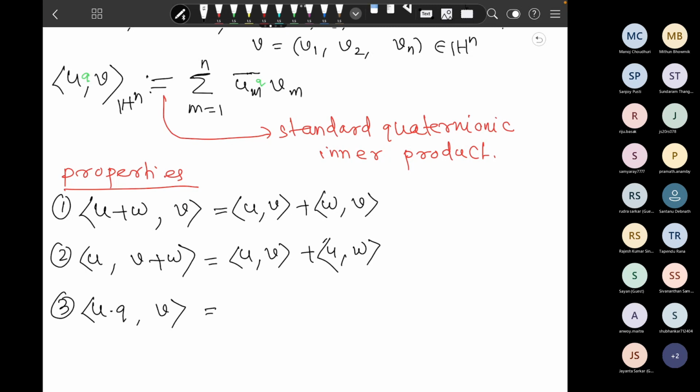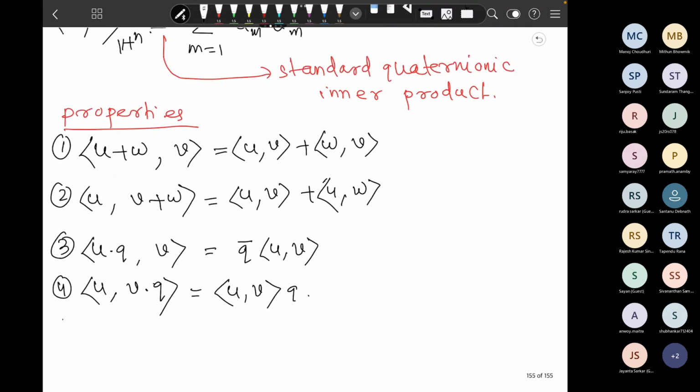What is q bar? q bar bar is q, so q bar will come to the front, and for that reason I will get q bar times the inner product of u and v. The fourth property is the inner product of u and vq. If q is multiplied from the right to v, then the components will be vm q, so q will be on the right-hand side, and this is the inner product of u and v times q.